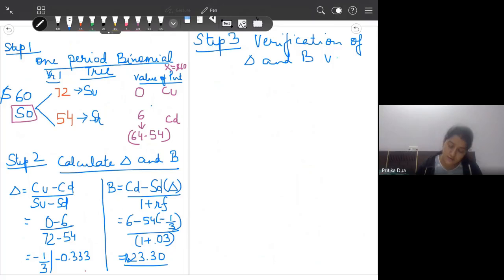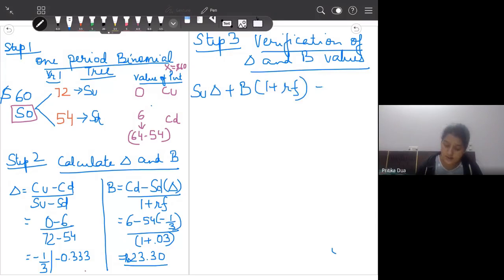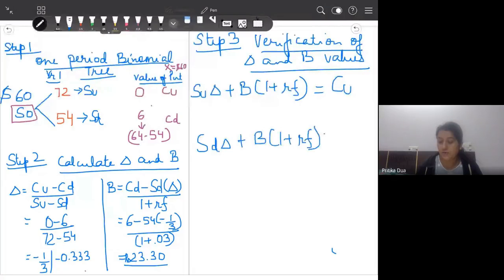So SU into delta plus B into 1 plus RF should give you CU, and SD into delta plus B into 1 plus RF should give you the value of CD, that is the value of put at the lower price. So let us verify, are we getting these values or not.